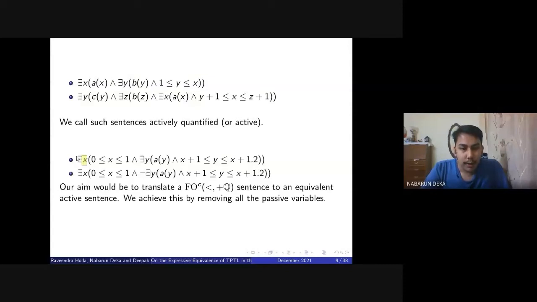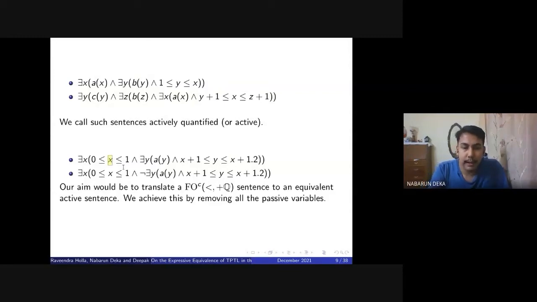So, suppose we interpret a sentence with passive variables in the continuous semantics, then to convert it to an equivalent sentence in the pointwise semantics, what we want to do is remove all the passive variables. If we can remove the passive variables, then we know that the sentence behaves the same way in both pointwise and continuous semantics. So that is our aim. Given any sentence in the continuous semantics, we want to eliminate all the passive variables from that sentence. How do we do this?